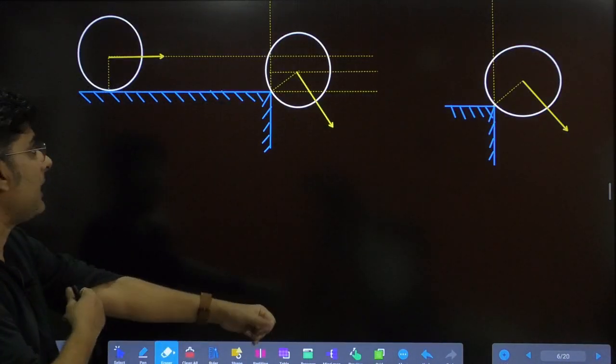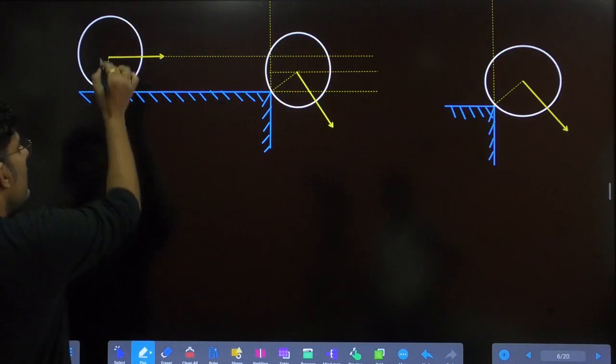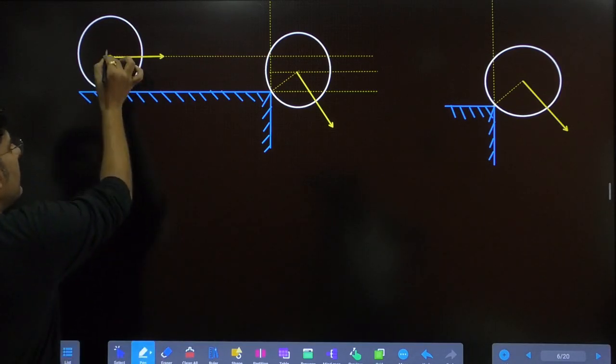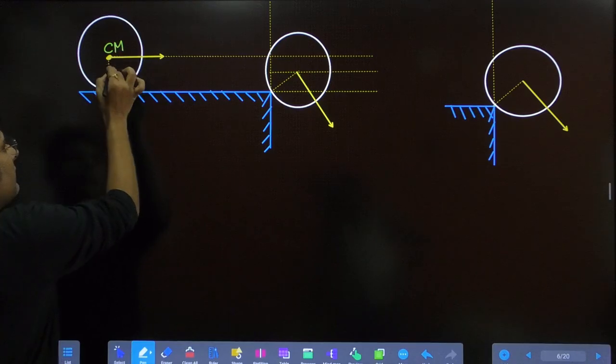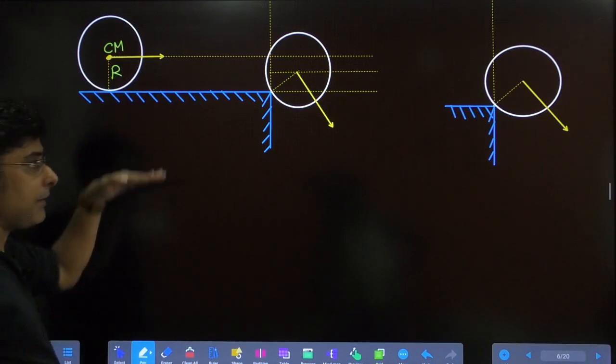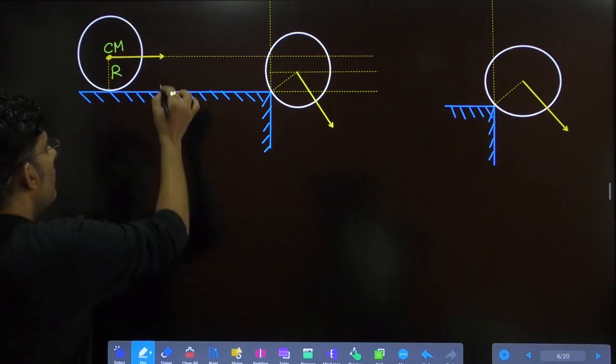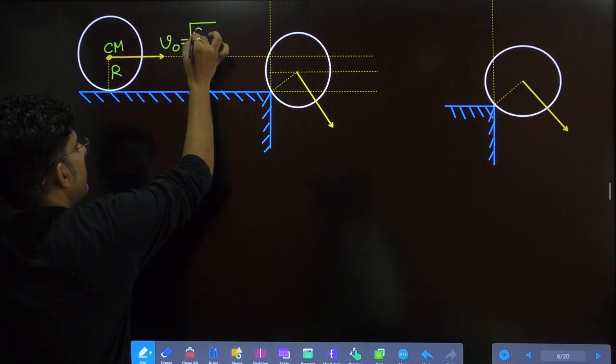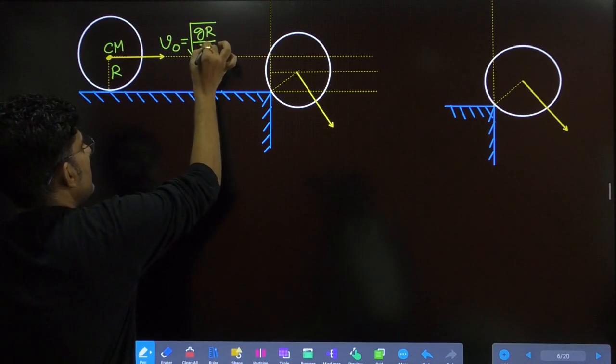Now here what is happening is, initially the center of mass we can take at this height, which is capital R, above the surface. Now the speed of center of mass is already given in the question as root gr by 3.